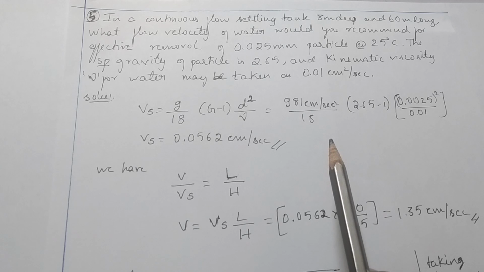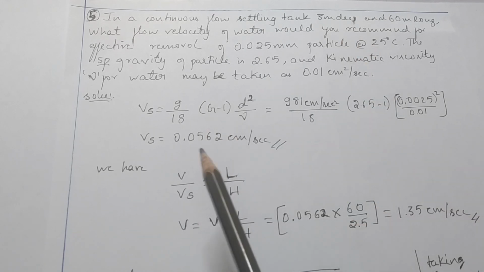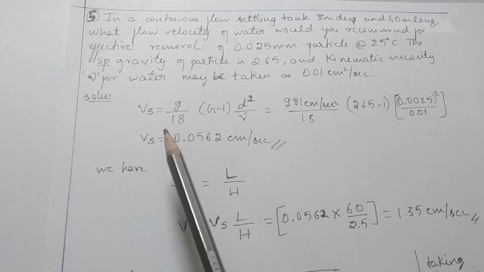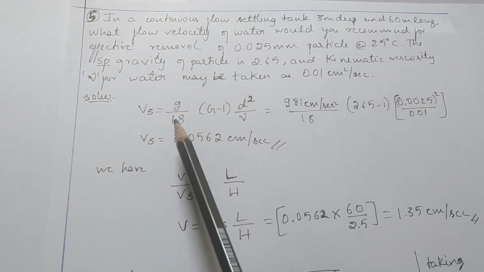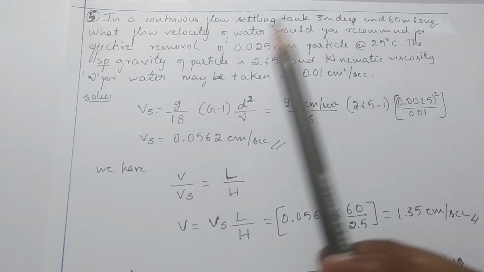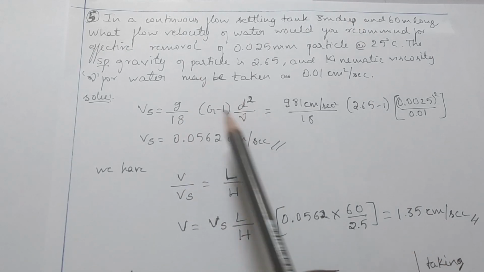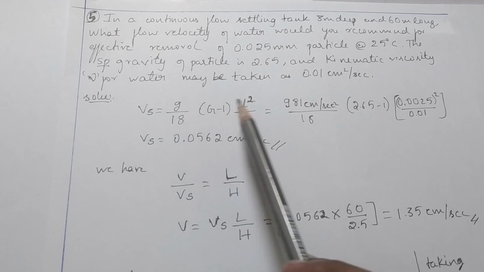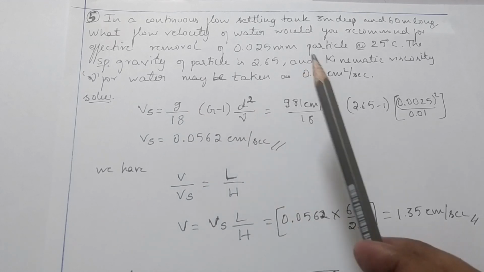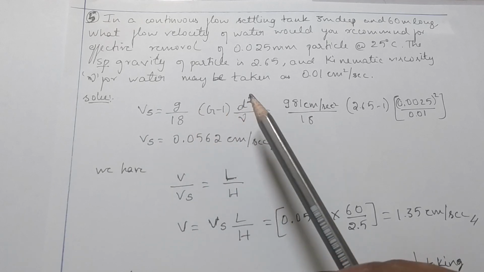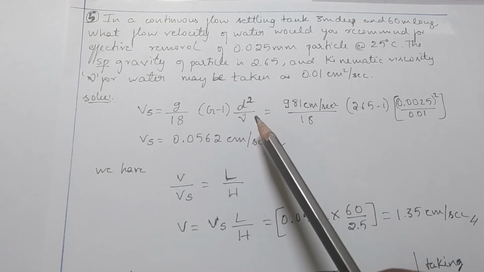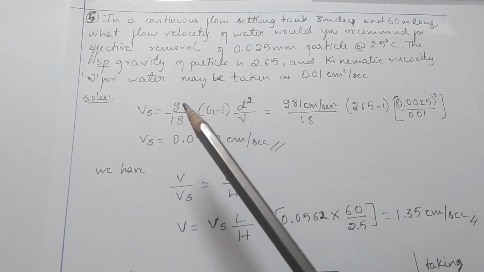In order to do that, first we need to find out the settling velocity, considering the Stokes equation itself, because the particle size is below 0.1 mm and at 25 degrees centigrade. So no need to worry about the temperature here. Because the kinematic viscosity is given in terms of centimeter square per second, let us consider all the other dimensions in centimeter itself.